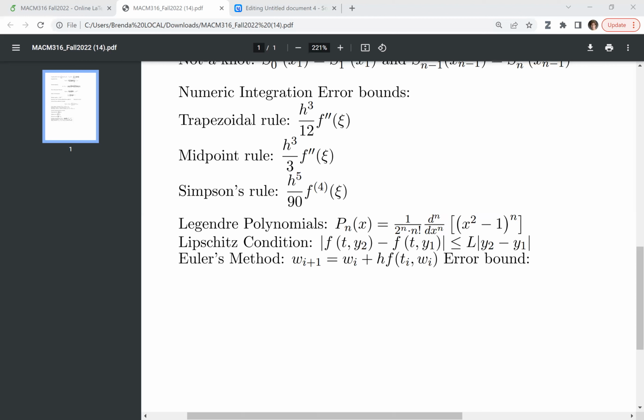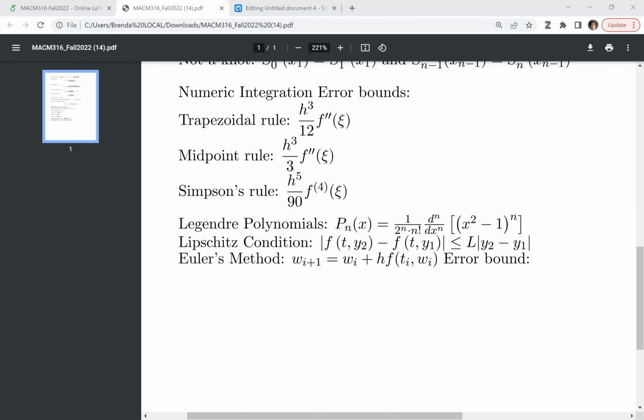Okay. Then we notice, what did we notice? We noticed that y1 prime of t is y1 prime. So this is where you have to be a little bit cautious.